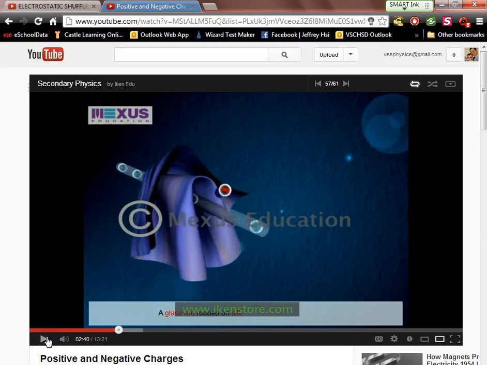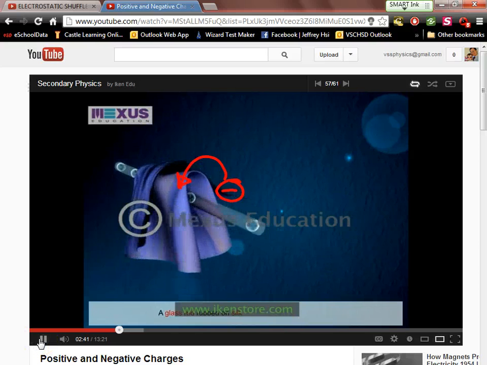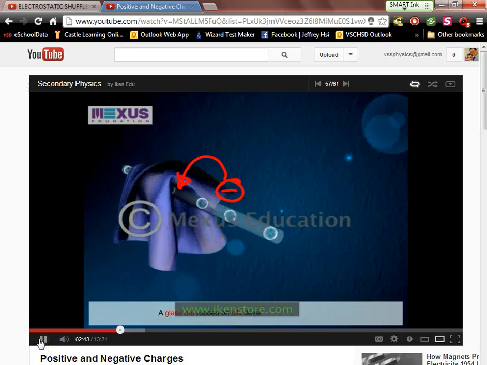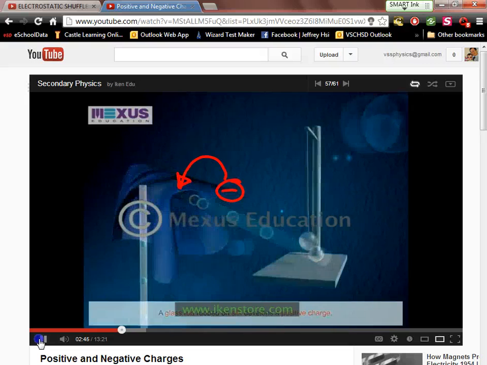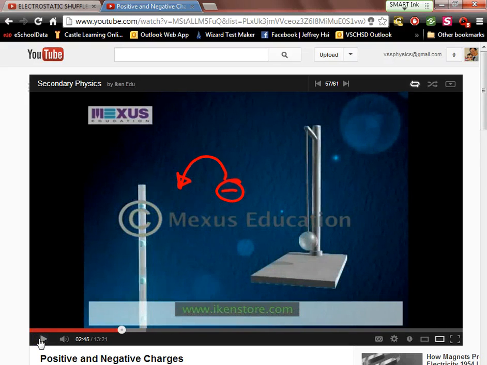Now notice that these negative charges went onto the cloth itself. Okay? That means the electrons left the rod and went onto the silk cloth. Now, because those negative charges went onto the silk cloth itself, the glass rod loses its electrons and develops a positive charge. Right, so the glass rod develops a positive charge.